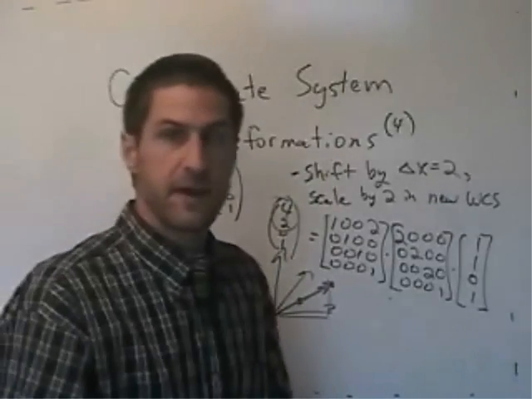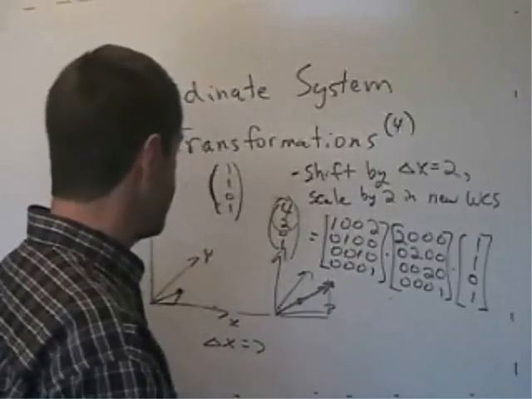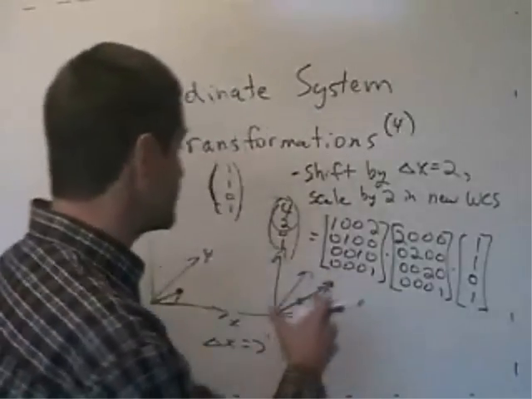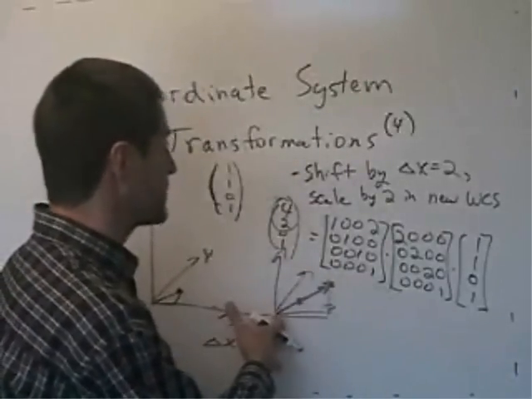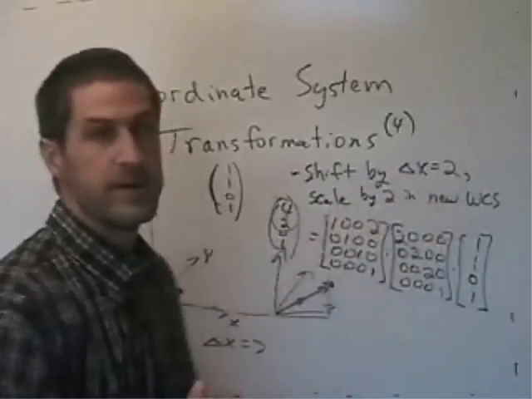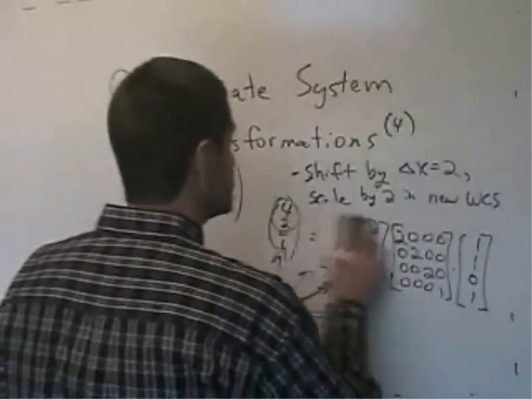Now that's a little different than if we did anything shifted or scaled by the original coordinate system. Because here we've got basically an intermediate coordinate system after we shift by 2 and scale in this new coordinate system. So we end up with 4, 2.